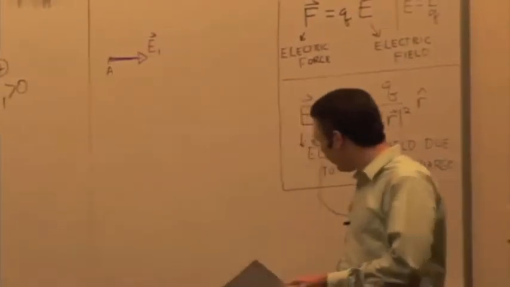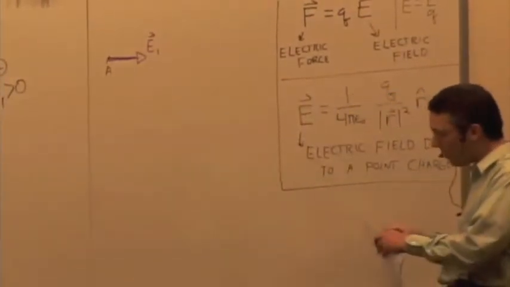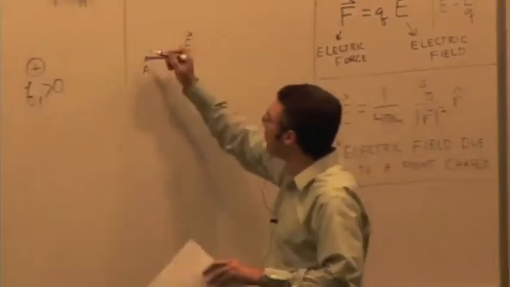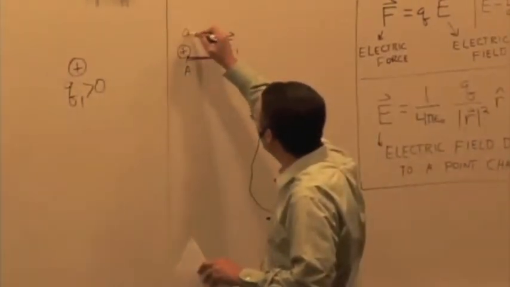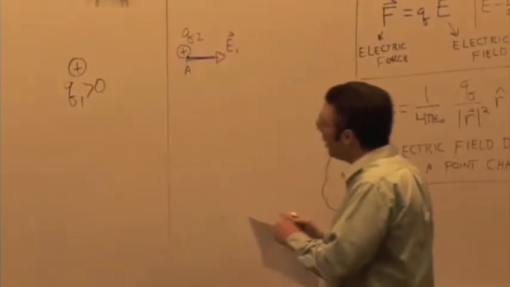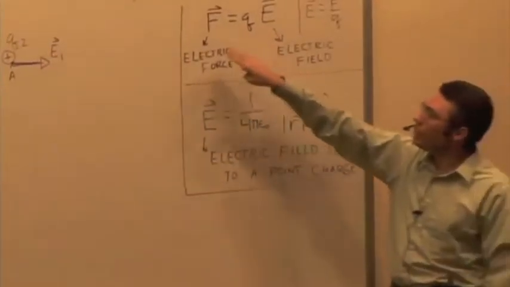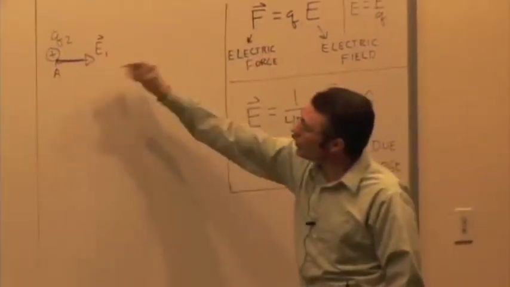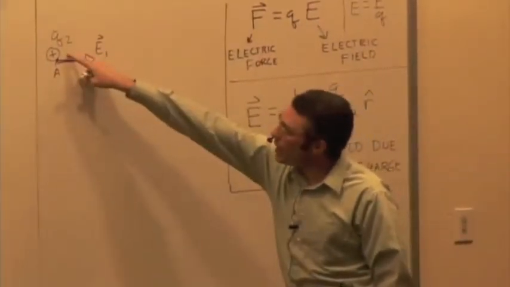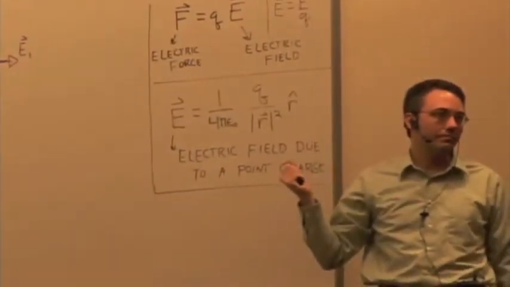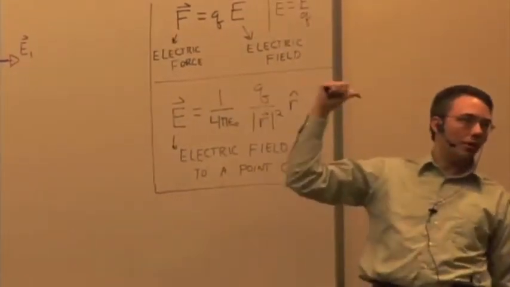If I were to place a second charge at that location, and I wanted to find the force on it, so let's say I place a positive charge here, call this Q2, we can now look at this other relationship and say that E1 is pointing to the right, Q2 is positive. What's the direction of the force on Q2? Also to the right, right?